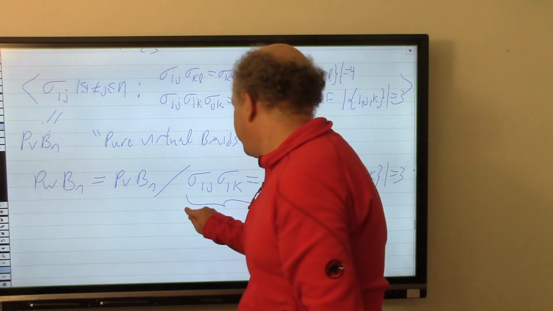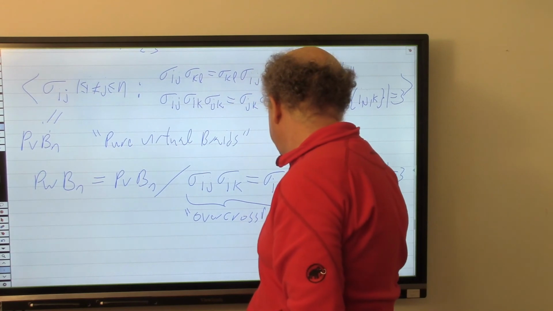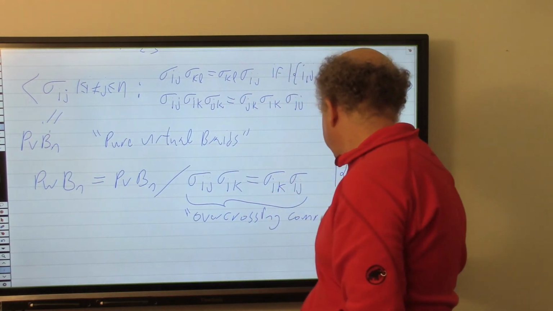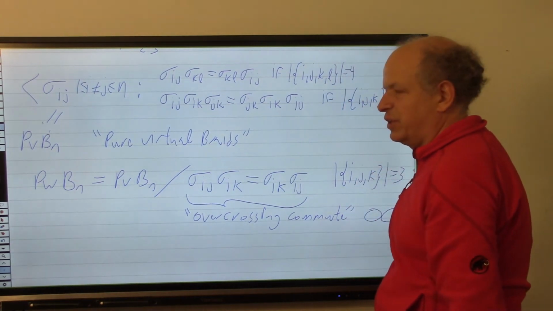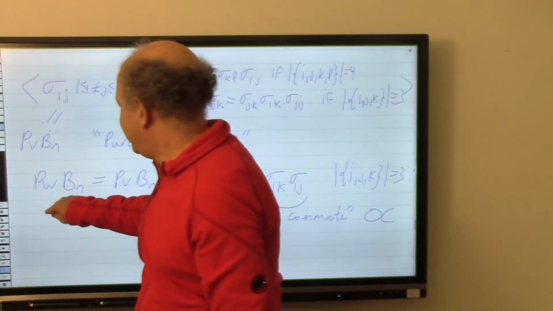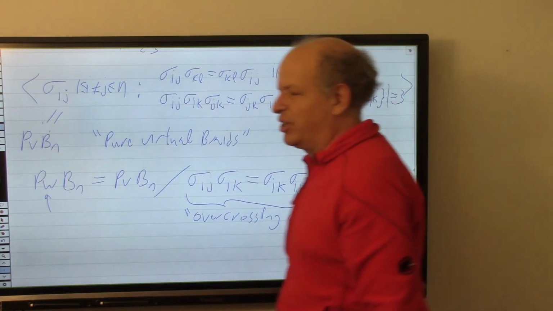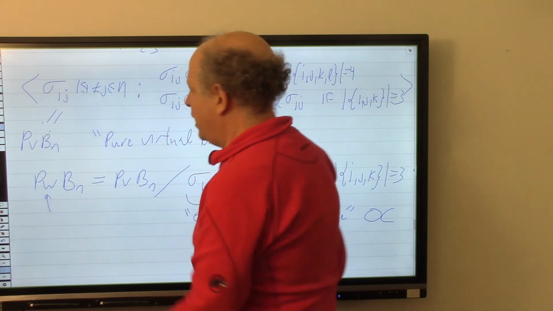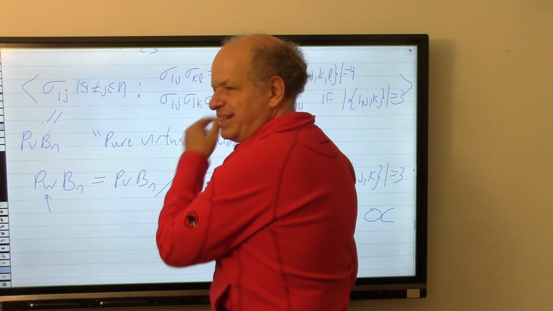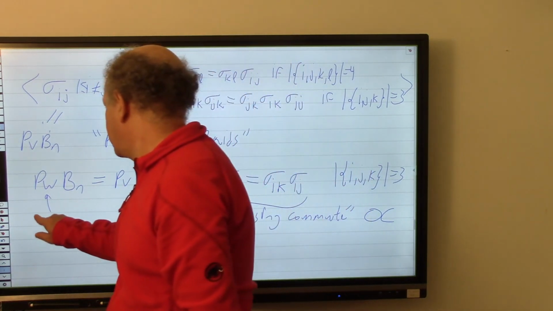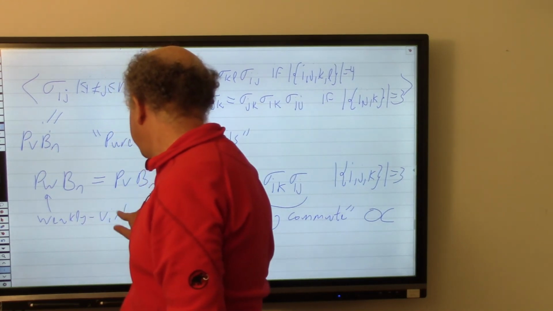So the name for this relation is over crossings commute, or in short OC. And you can ask, what does the W stand for? So it stands for, well, first of all, it's the next letter after V. Second, it stands for weakly virtual, and there is a reason behind this name too.